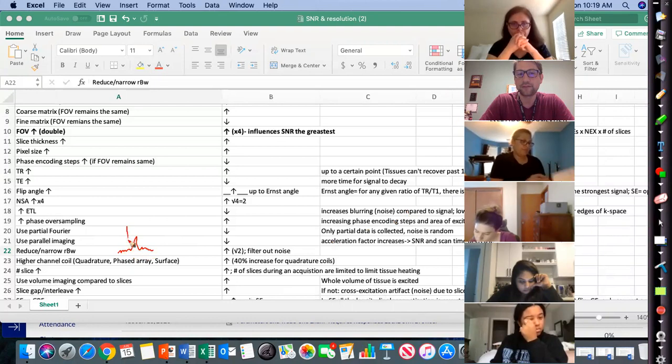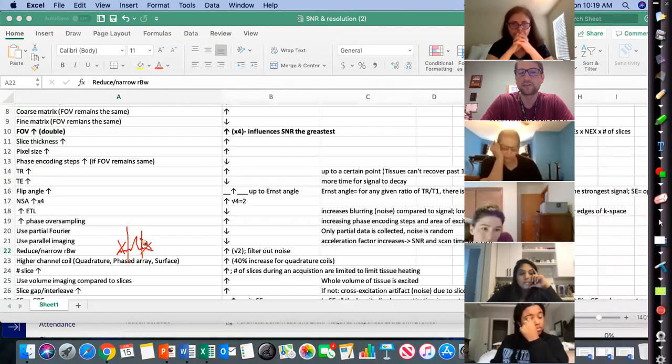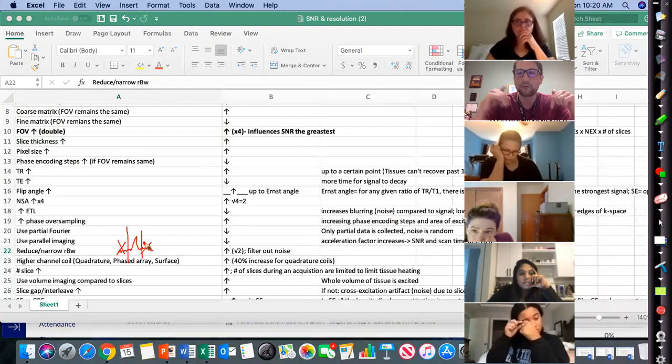So if we create a filter where we eliminate all this area on the outside by creating a narrow receiver bandwidth, we're going to increase our signal to noise ratio because we've now eliminated some of the noise.